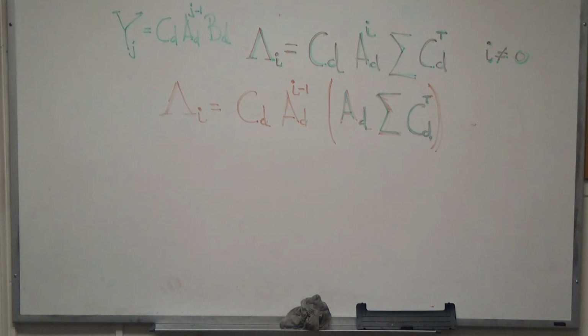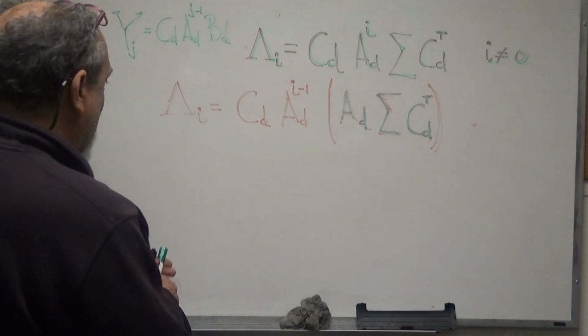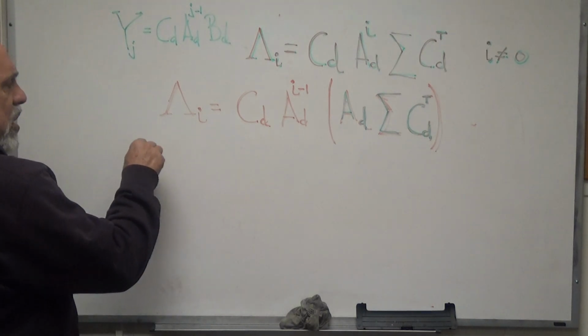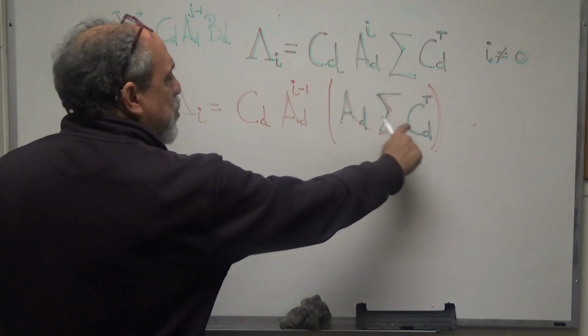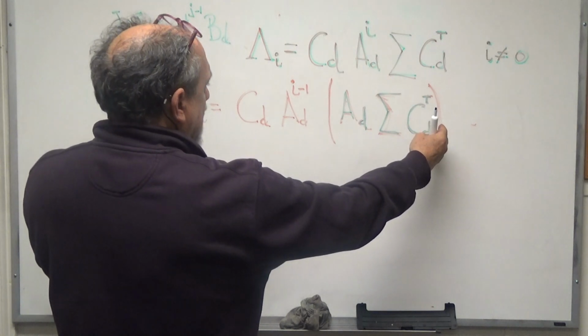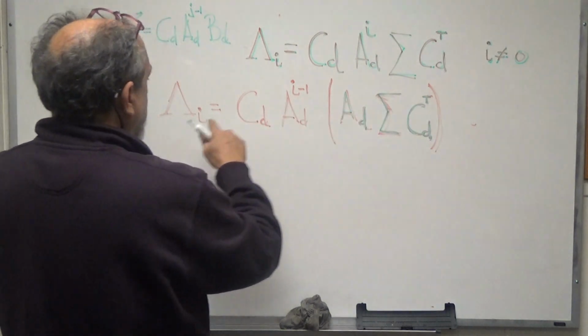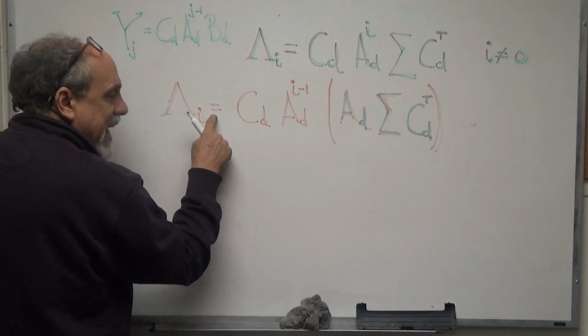In essence, that is the end of the stochastic ID, because now at this point you can ask how many Markov parameters you need. If you need 100 Markovs, that means you need the correlation of the output to the 100th lag.